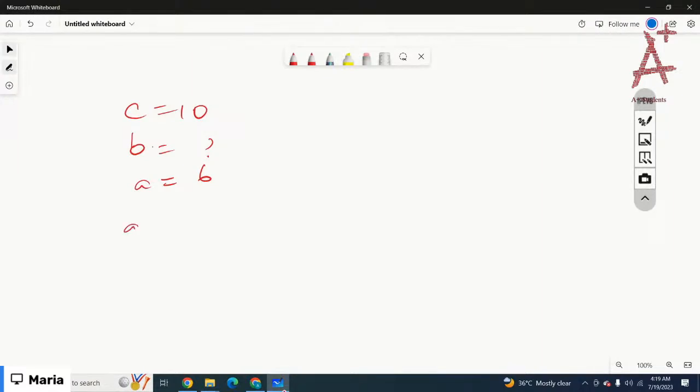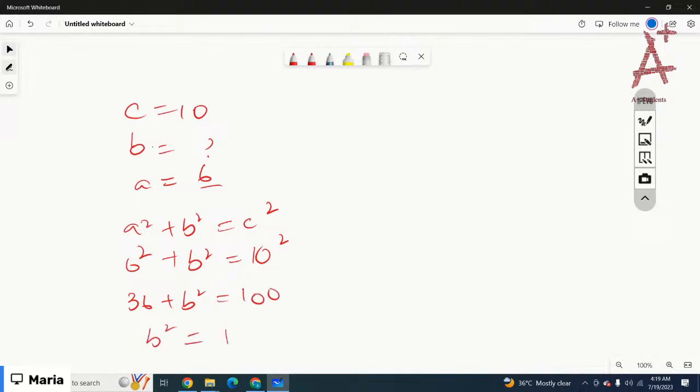So it is a square plus b square equals c square. A is 6, it would be 6 square plus b square equals 10 square. 36 plus b square equals 100. So it would be b square equals 100 minus 36. So 100 minus 36 is 64. Just square root both sides.